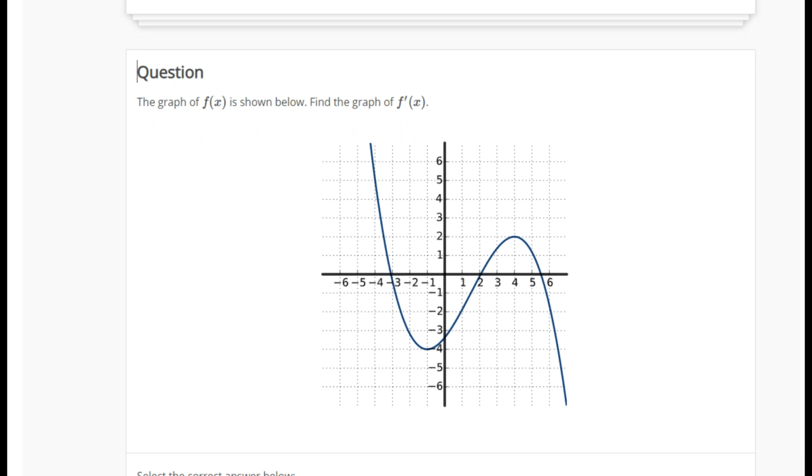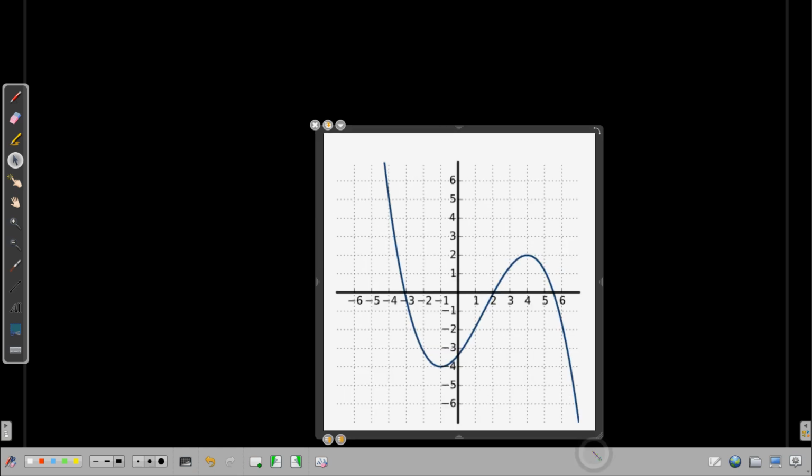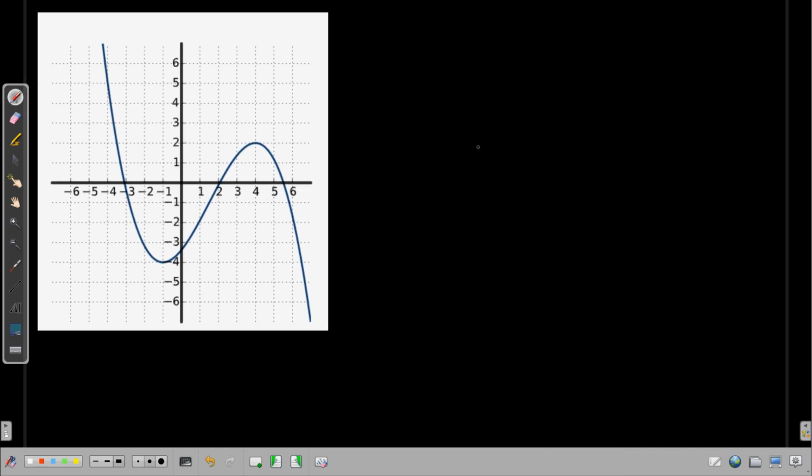Okay, here's another one for us to get the graph of. Let me get a picture of it on my sketch pad. So they've given us f, and they want the graph of f prime. Right, so this is f of x.